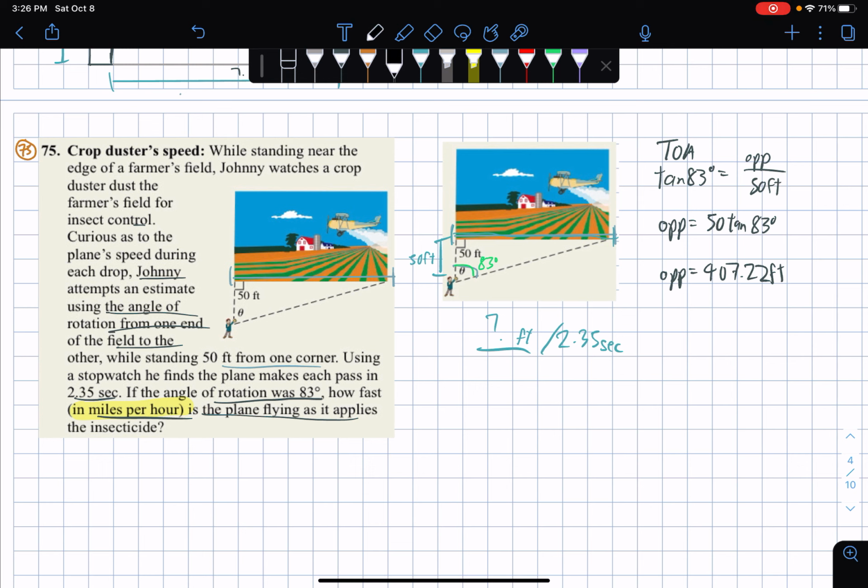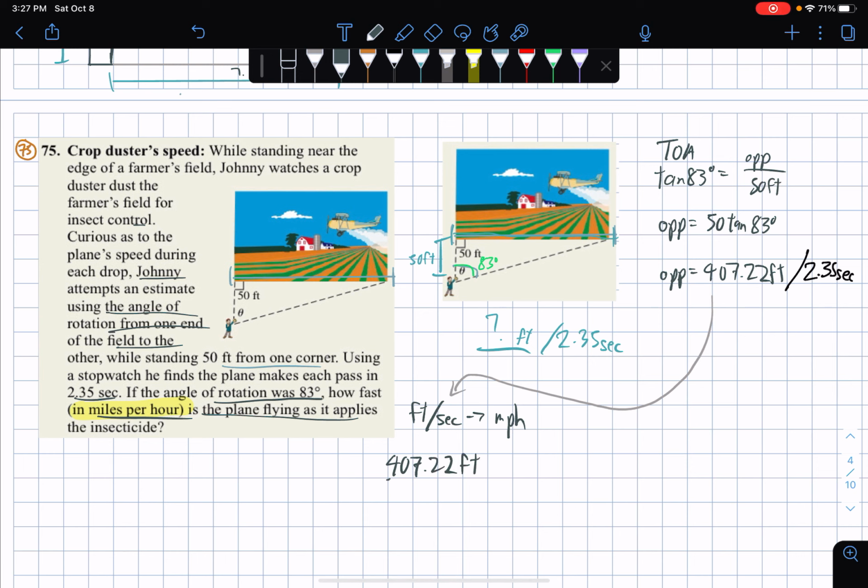Now let's put the per 2.35 seconds over there. Now we can start converting it from feet per second to miles per hour. How? It's pretty basic actually. Just write this as a fraction. So 407.22 feet divided by 2.35 seconds.